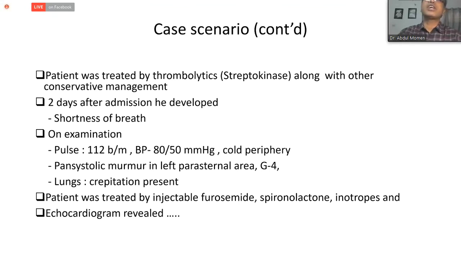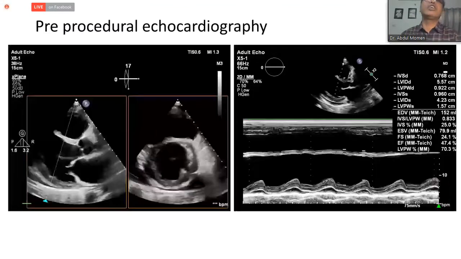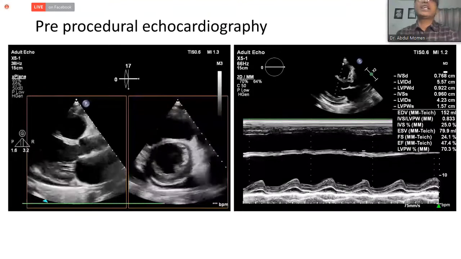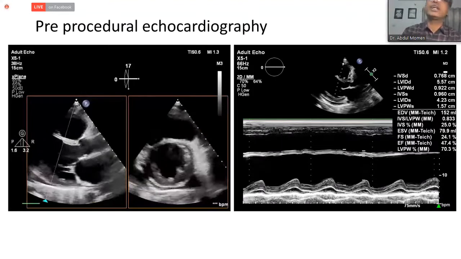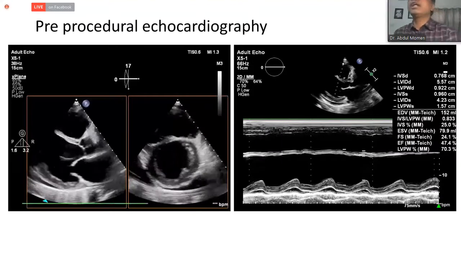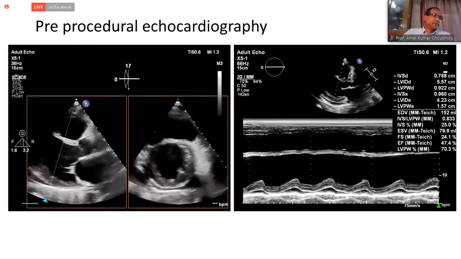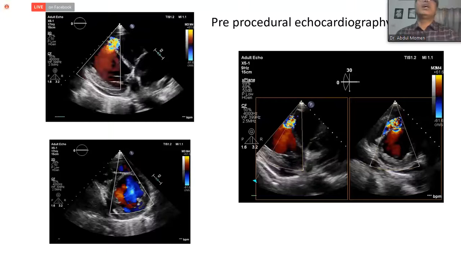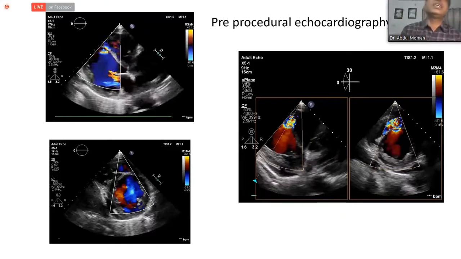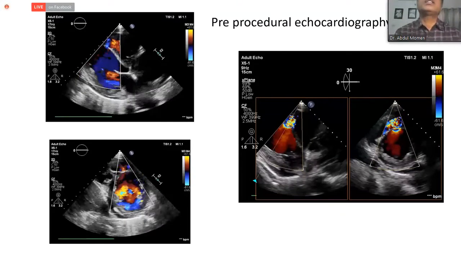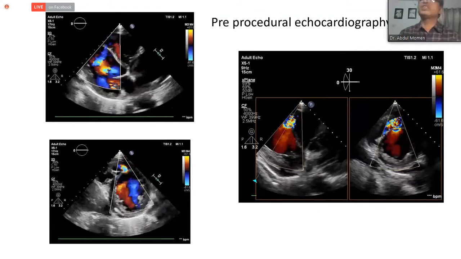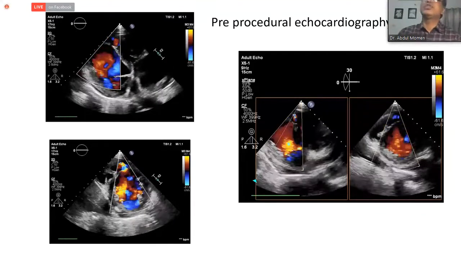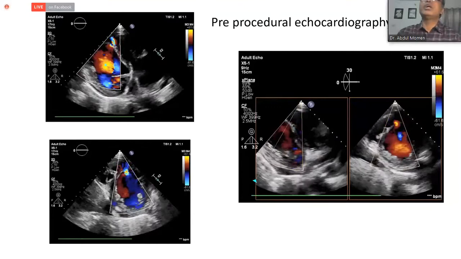He was treated conservatively, and the echocardiography revealed an akinetic anterior wall at all levels. There is a pericardial effusion. LV is dilated, and the LV ejection fraction is around 30 to 35%. And there is a VSR seen in the distal part of the septum with a left to right shunt, evident in all views.